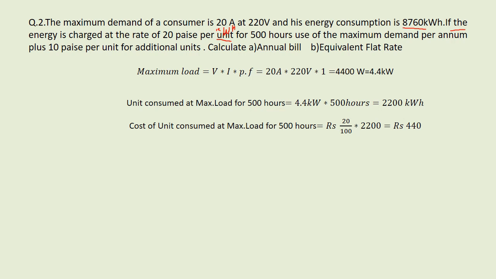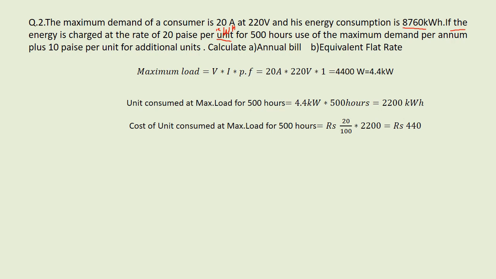Next is your cost for 500 hours. So the cost for 500 hours is 20 paise, and we need to convert this paise into rupees. So rupees 20 divided by 100 into 2200 will give you 440. Next will be the rest of the consumption. The total energy consumption is 8760 kilowatt hour.